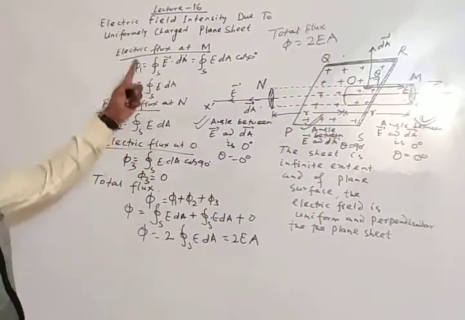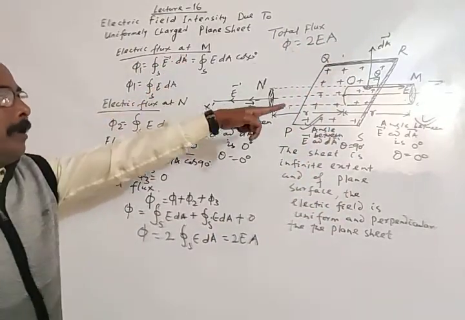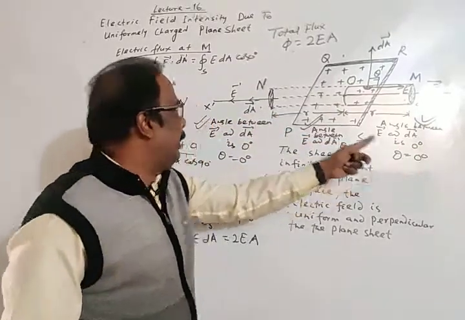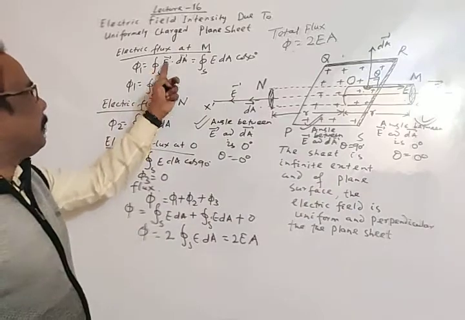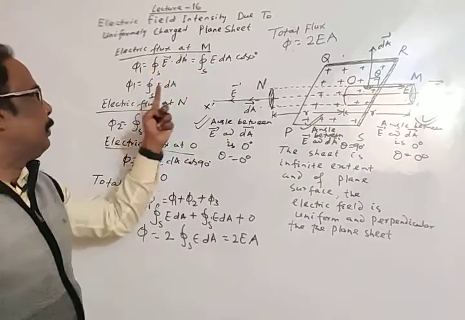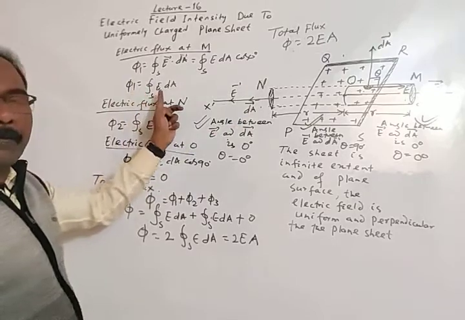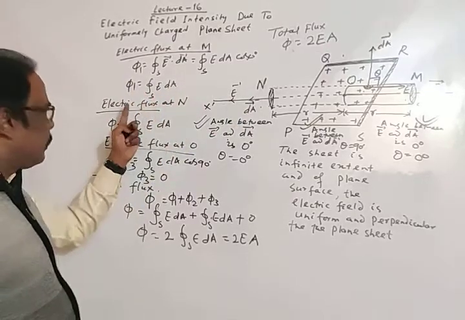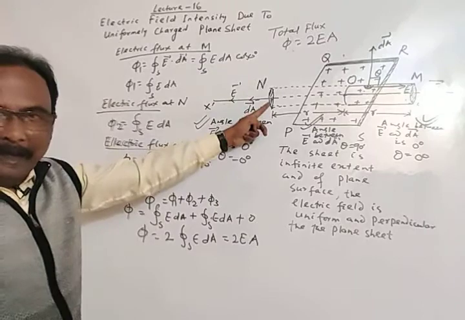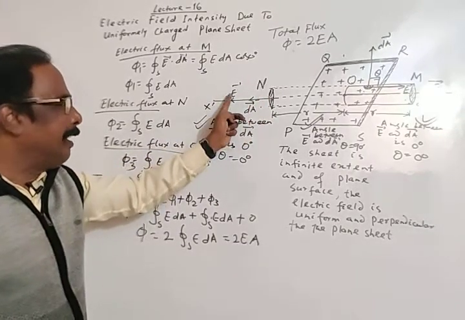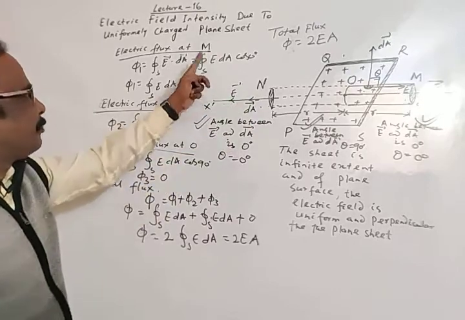Again check at point M. The elemental area is dA, the angle between electric field and dA is 0 degree, so flux is the surface integral of E dA cos 0. So phi 1 is the flux at M, equal to the surface integral of E dA, and that is also the same at N. Here also the angle between electric field and elemental area vector is 0 degree.